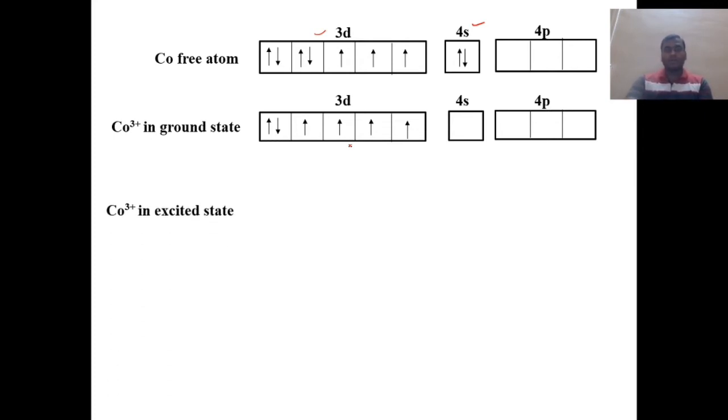When cobalt 3+ is in the excited state, rearrangement or shifting of the electrons takes place. That is, this electron will be paired with this electron and this with this electron.